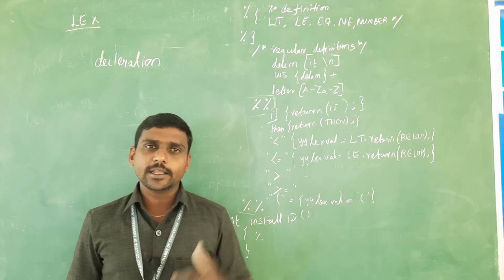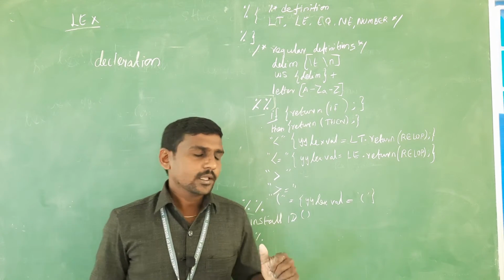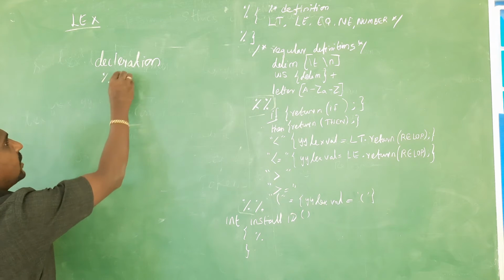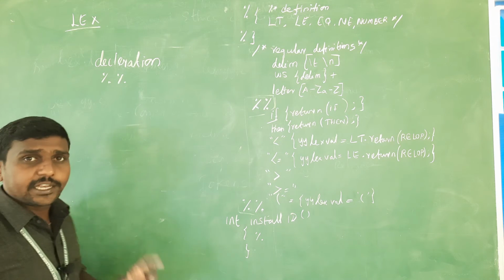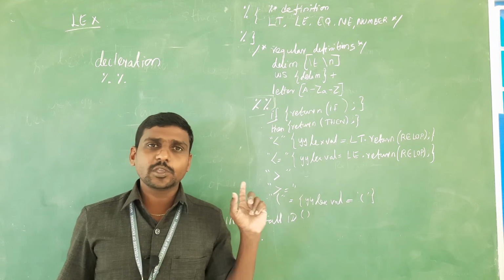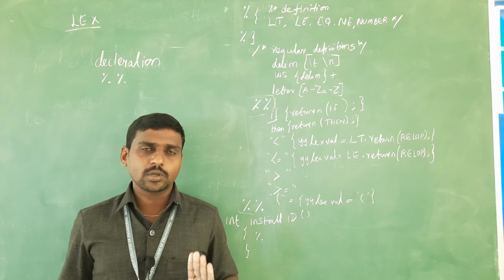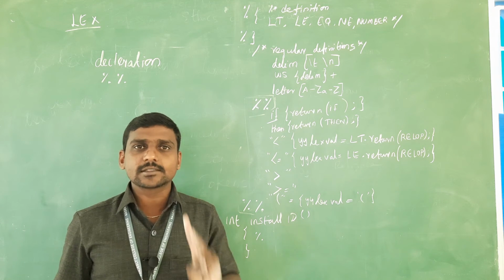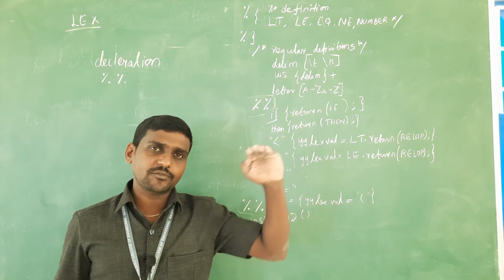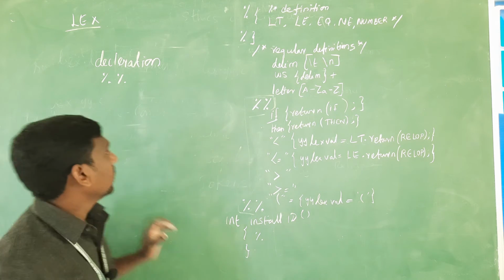Everything we should declare in the declaration part. Then we start with the two delimiter symbol. This is very important in a Lex program. You may ask, sir, if I give one delimiter symbol, it won't execute. Two delimiter symbols are necessary, because the transition rule section starts with the two delimiter symbol, right?